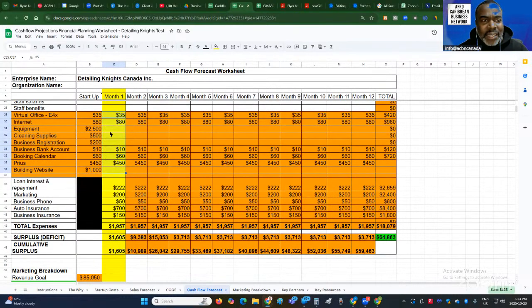For certain things like the equipment or the cleaning supplies, those are not going to be monthly purchases. The equipment will sit on your balance sheet and then it's depreciated over time. We talked about this yesterday with the balance sheet section. So if you need a refresher on that, check the replay for yesterday.